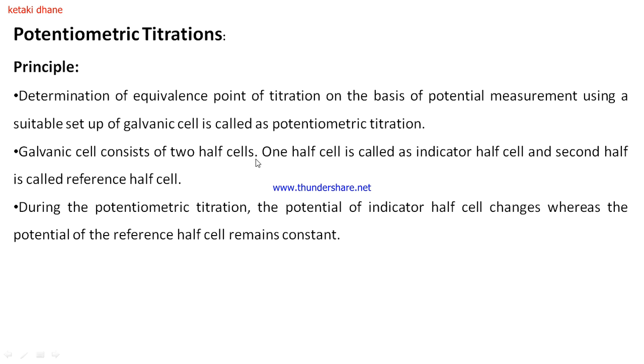Basically it has two half cells, as we have already discussed. One is the indicator half cell, whose potential continuously changes depending on the reaction proceeding in the titration. The second is the reference half cell, whose potential is already known to us and remains constant throughout the titration.